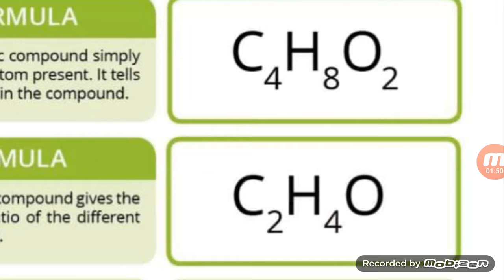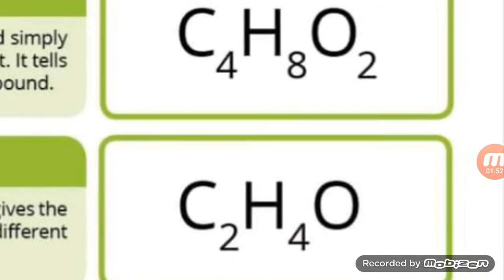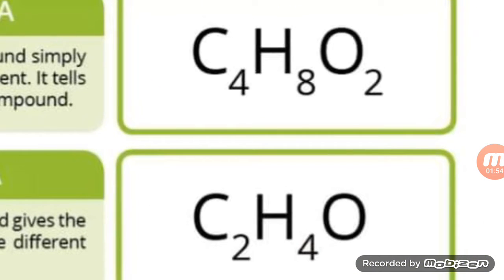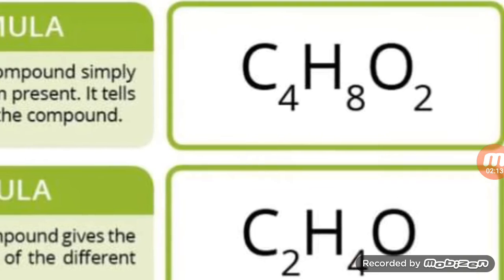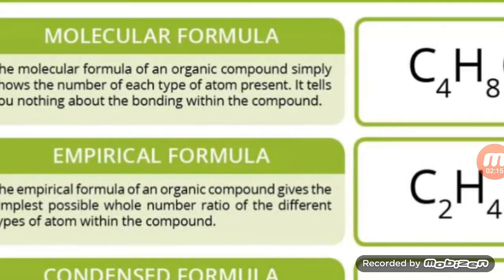Like if we have the ratio of carbon to hydrogen in this molecule, then we will have 2 ratio 4 ratio 1. Okay, like C4H8O2 can be written in ratio form, or in the empirical formula, as C2H4. This kind of empirical formula is not so much used nowadays. Mostly we use the molecular formula.